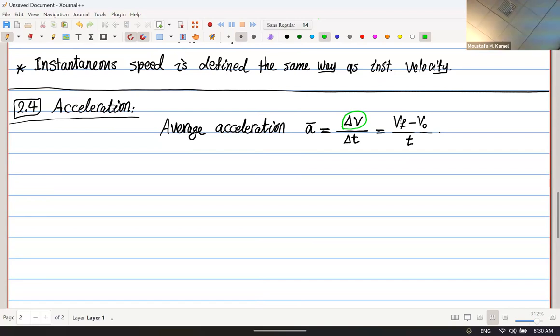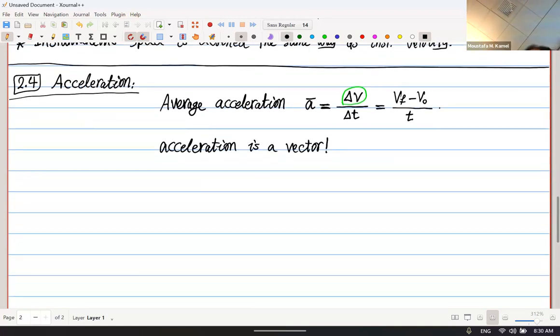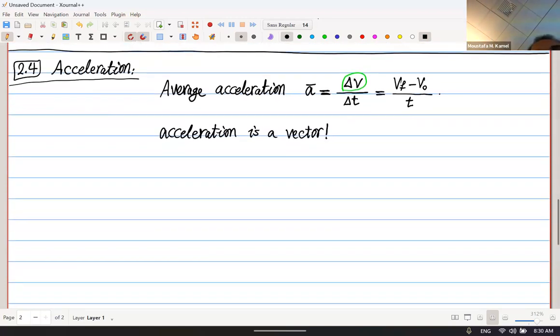So it all follows systematically from one another. So acceleration is a vector. And as for instantaneous velocity and instantaneous speed, we also have instantaneous acceleration, which is average acceleration defined over an infinitesimally small amount of time.